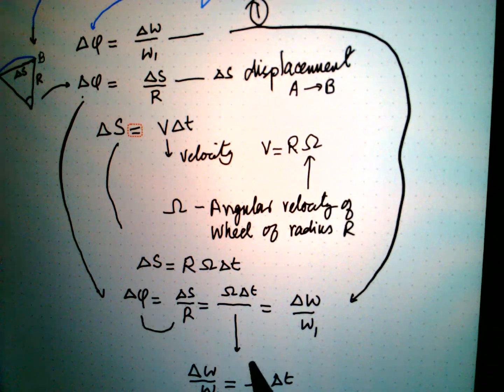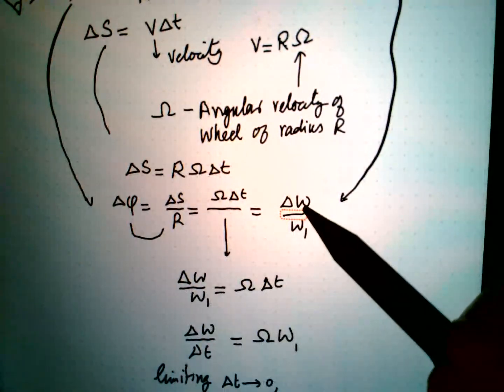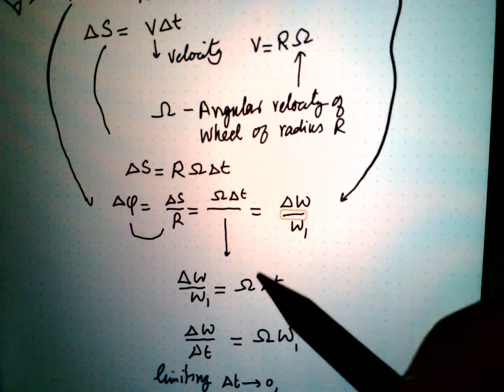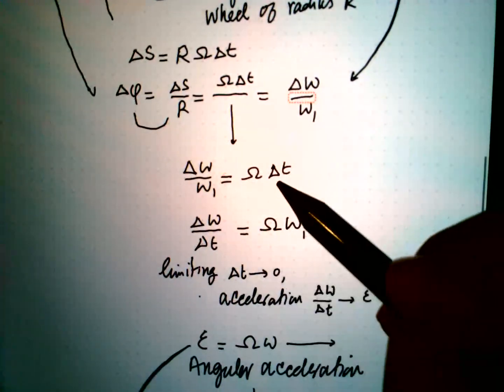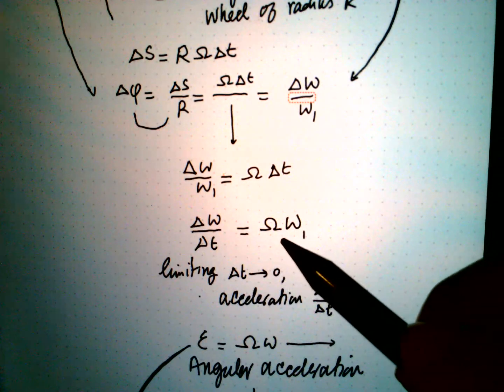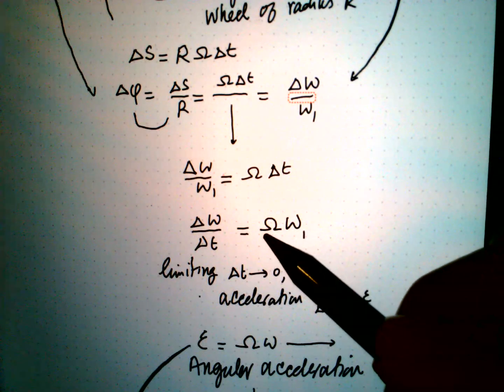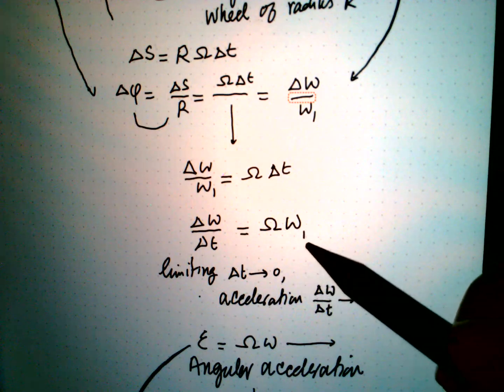So delta omega over omega 1 is equal to omega delta t, and delta omega over delta t, rearranging, is equal to omega capital over omega 1.